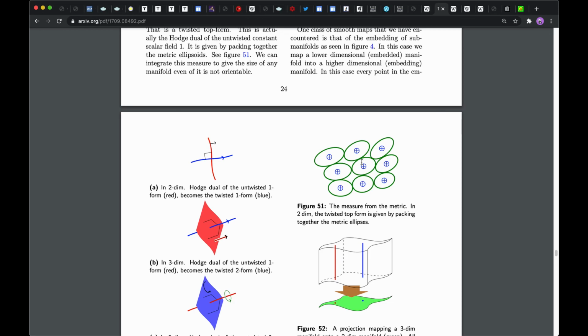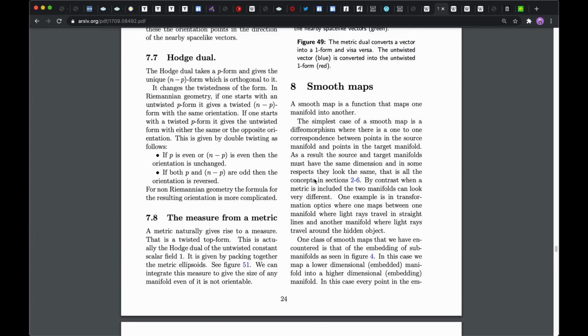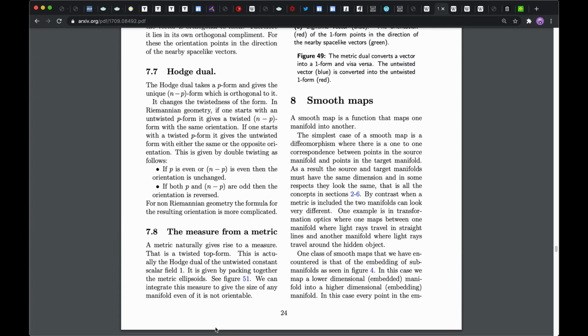And that will generate the top form at every point of the manifold, and you will be able to integrate it and obtain the measurement of the surface or other things on the manifold, and you can integrate that measure to give the size of any manifold, even if it's not orientable, like a Möbius strip, for example.